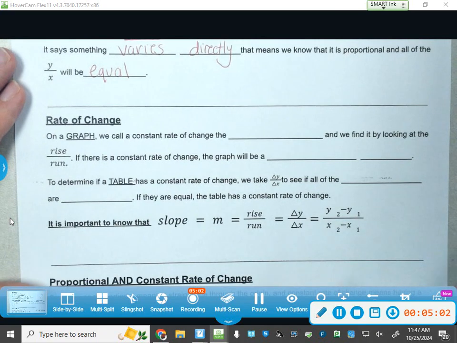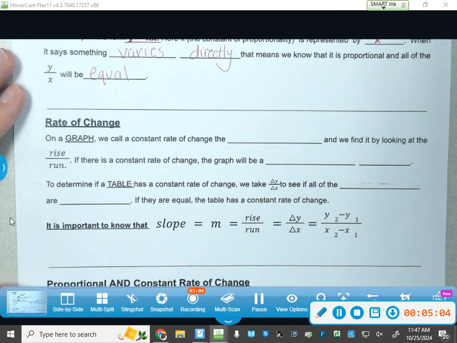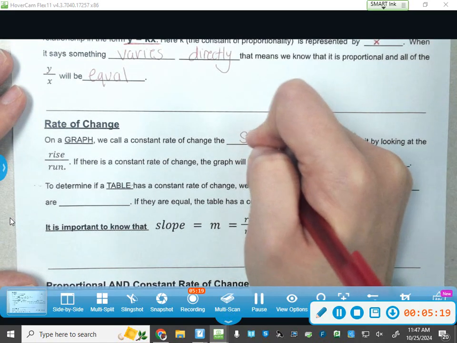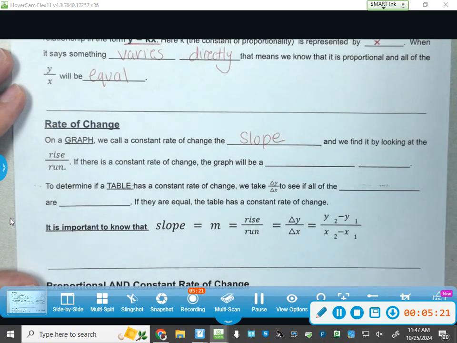Okay? The other idea is rate of change. On a graph, we call a constant rate of change, what did we say another name for constant rate of change is? Go ahead, Jackson. Slope. Very good. On a graph, we tend to call it slope.